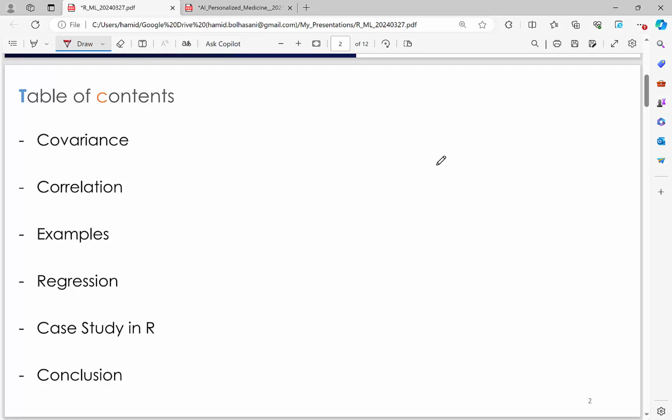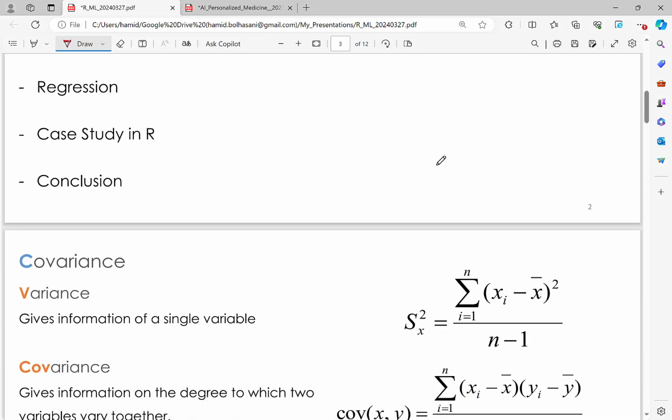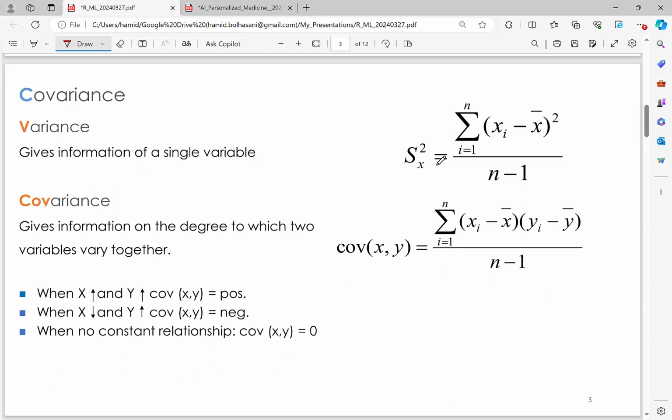It's a combination of mathematics, statistics, probability, and also linear algebra. So it's a combination of some sciences that is used with computer science for the applications that you can see today.